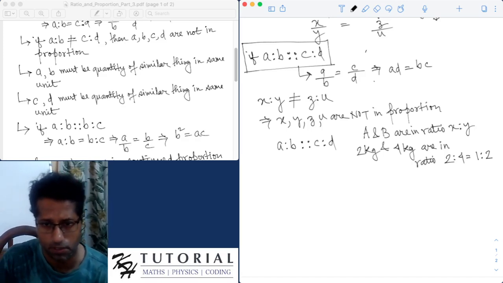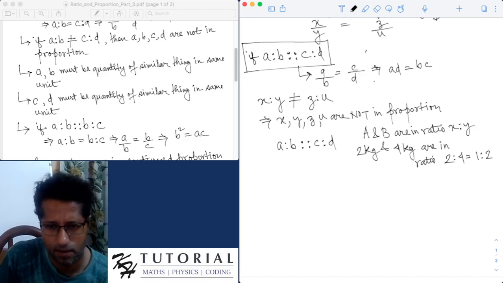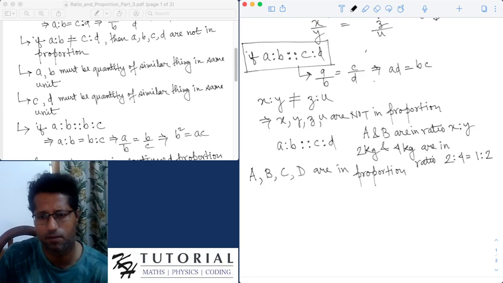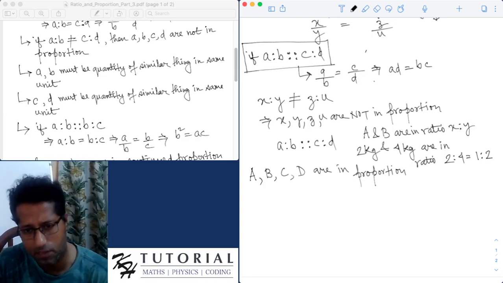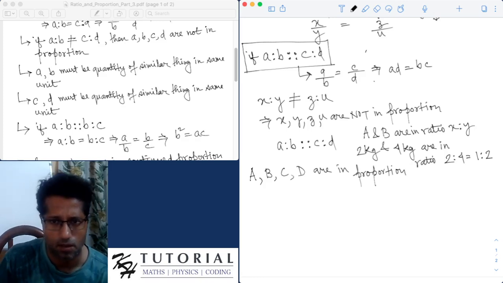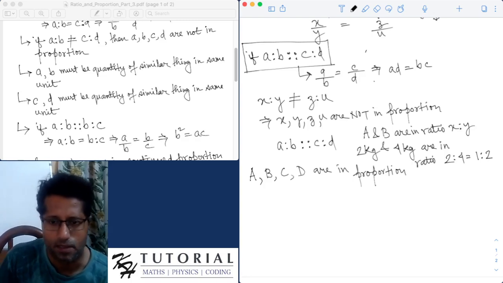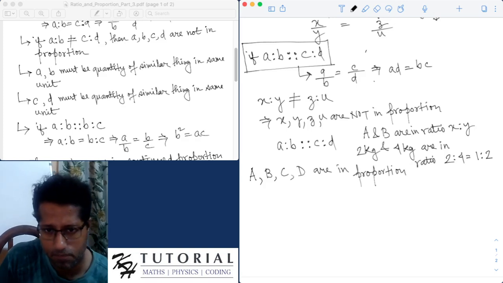Ratios have no units, but if it is said that some quantities A, B, C, D are in proportion, and they have some units, like kgs, length in centimeters, meters, or ages, then A and B must have the same unit.